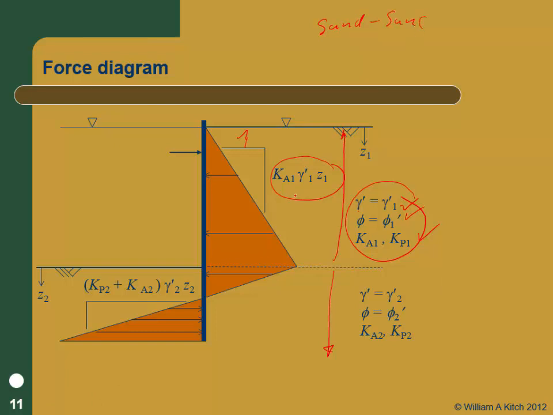Then the slope of this line is Ka gamma 1 prime times Z1, and we're assuming the groundwater table's at the surface because it's convenient. And then, as we showed, similar to the cantilevered wall, the slope of this line is going to be Kp2 plus Ka2 times, because remember, you've got the active pressure on this side of the wall, Ka times gamma prime 2 Z2, and on this side of the wall, we're going to have Kp times gamma prime Z2.